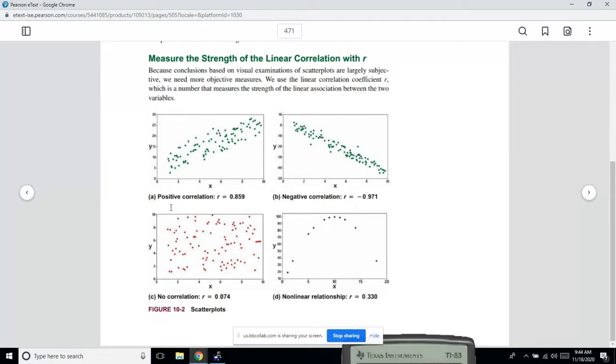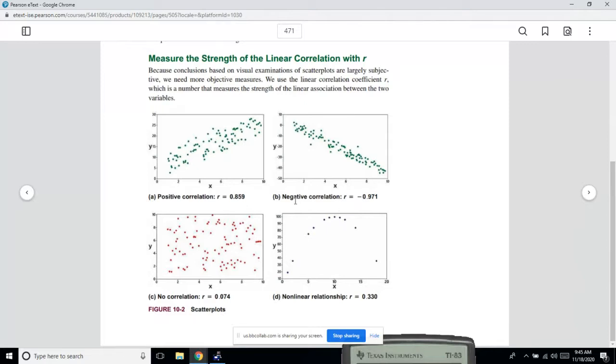In figure A, as we read from left to right, it ascends, going up in a straight line. Since our line is straight and rising, it has a positive correlation, estimated at 0.859.